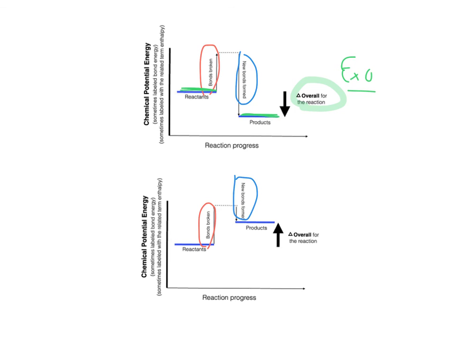Your hands get warmer, the thermometer in the reaction vessel increases. This one here, the overall equation, has an increase in chemical potential energy. That makes it endothermic. That means the thermometer dropped in temperature in the reaction vessel because that energy went into being stored in the bonds. So the temperature dropped in the vessel, and if you were holding that vessel, you'd feel that your hands get very cold. That's what drives the chemical potential energy up.